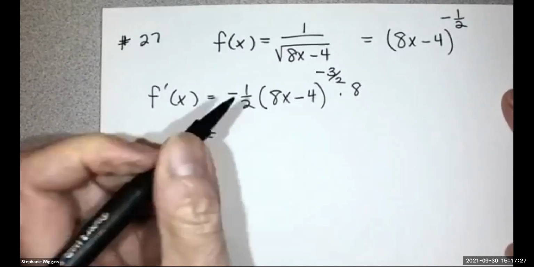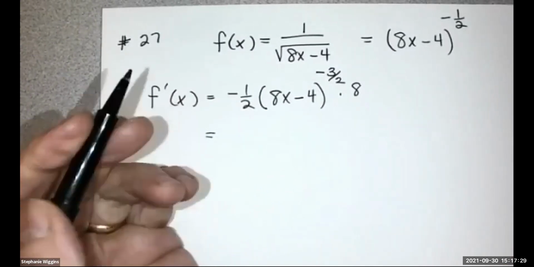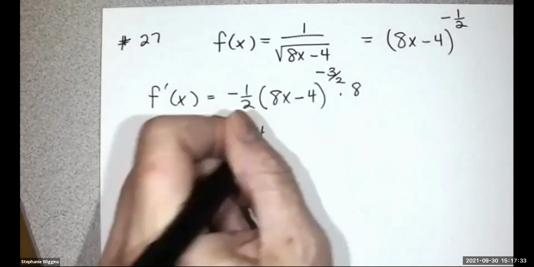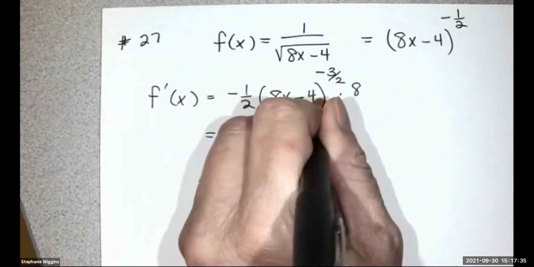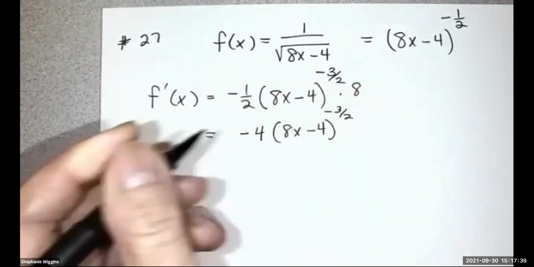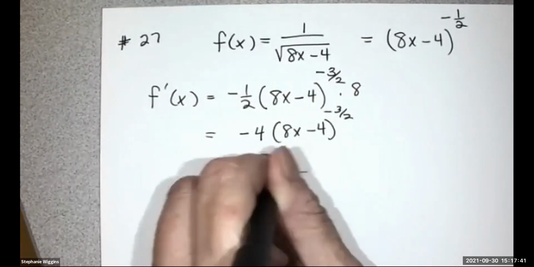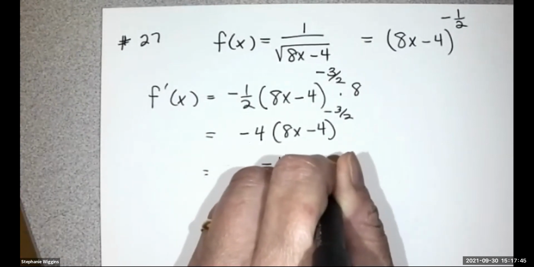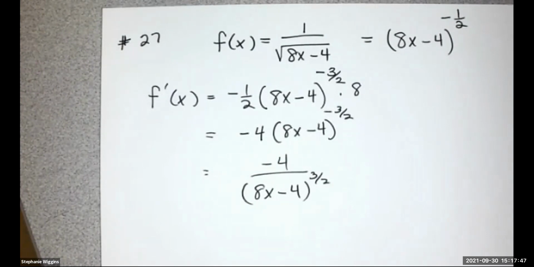That's the chain rule, or if you will, the extended power rule. Negative 1/2 of 8 is going to be negative 4 times 8x minus 4 to the negative 3/2. And I can write it like this, or I can write it as negative 4 over 8x minus 4 to the 3/2. I'm not sure which version they have, but let me check.